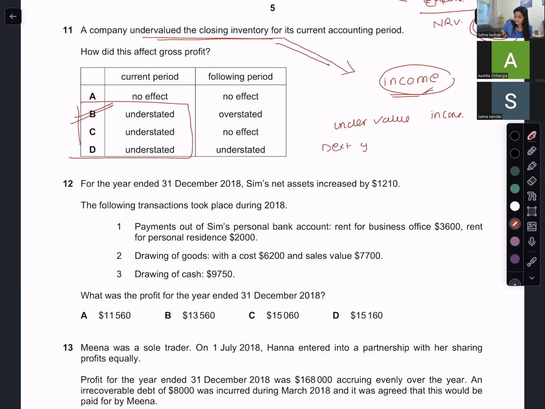If the closing inventory becomes the opening inventory, that means expenses are overstated, then cost of sales is overstated, and the profit is understated. So current year income is understated.